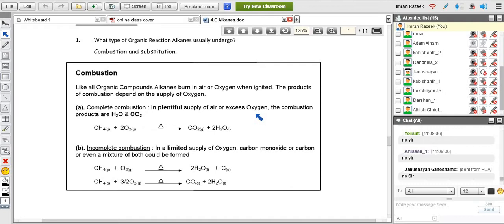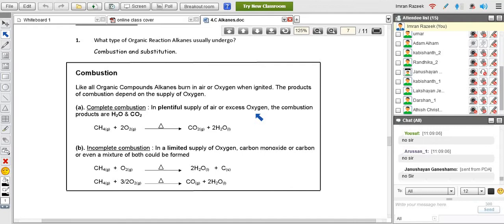In fact, there are two types of combustion. The products of combustion depend on the supply of oxygen. If you have, say, a limited supply of oxygen, then the combustion products will be carbon monoxide and water, or even sometimes you can get carbon plus water if the supply of oxygen is much more limited.